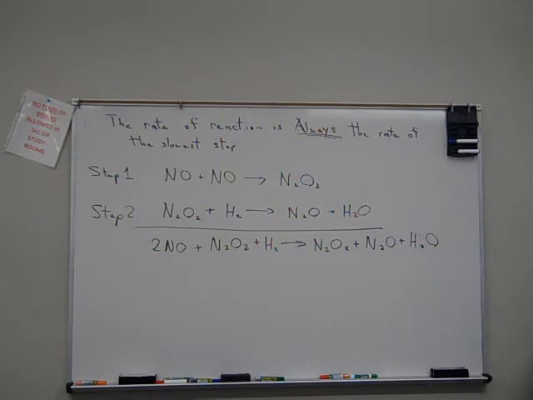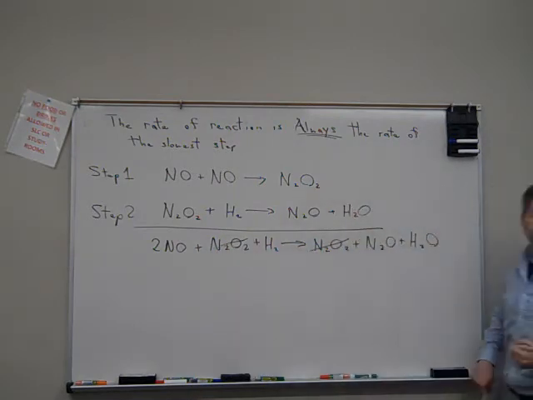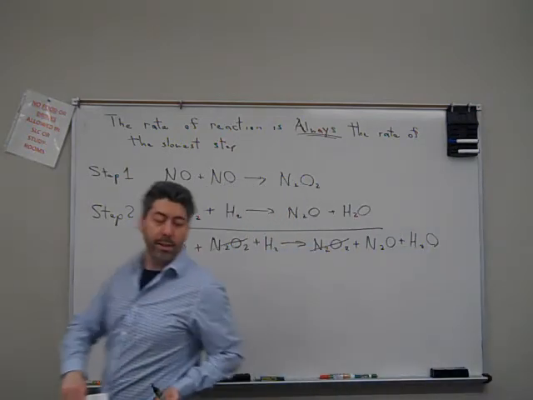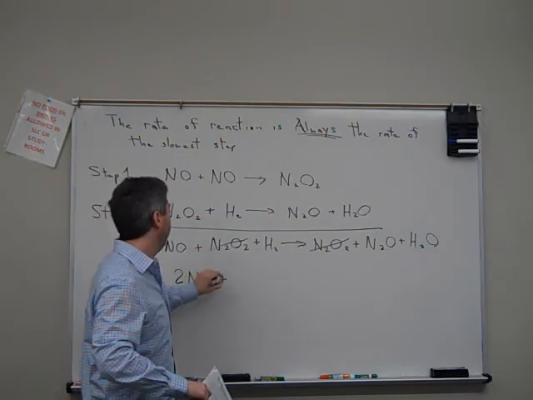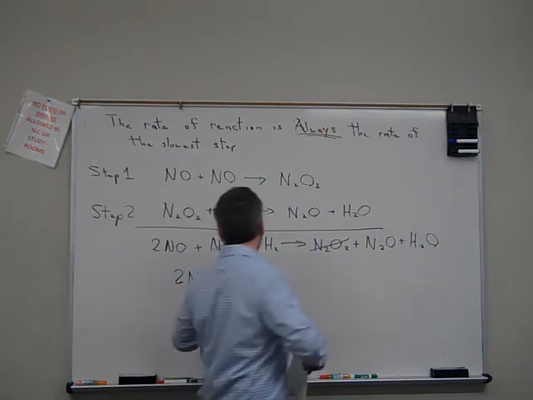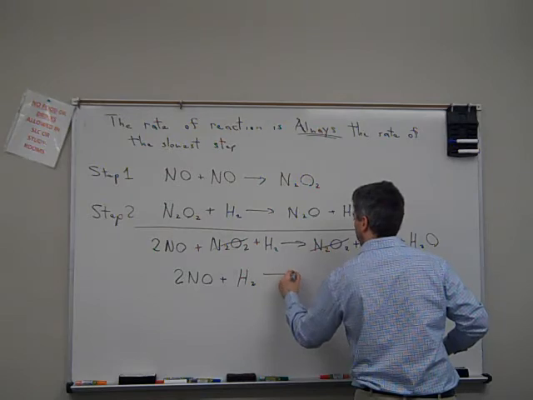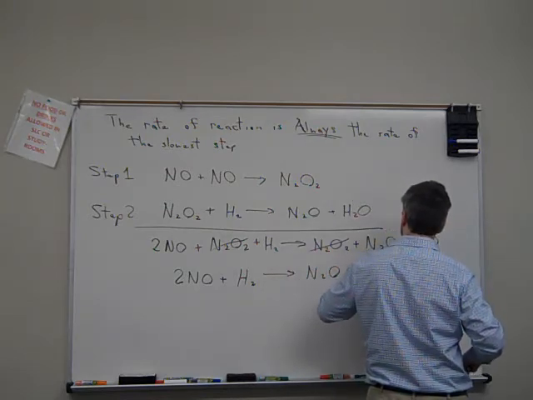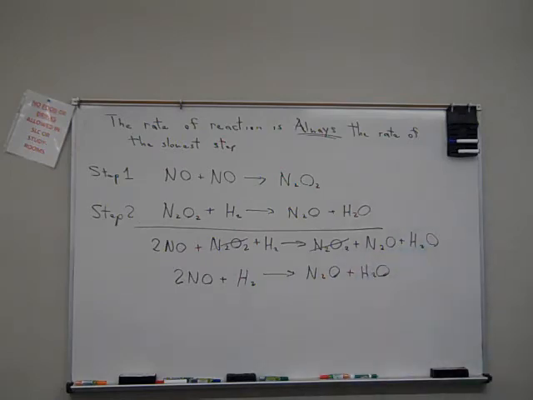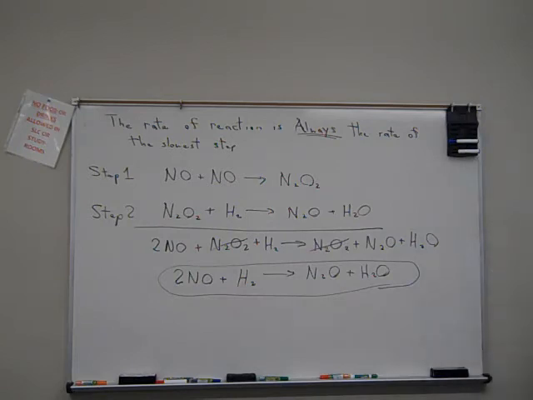All right. So yes, N2O2, since it's present on both sides, is not actually part of the overall balanced equation. So you can then simply write the remaining equation, which is 2NO plus H2 gives you N2O and H2O. So that's the overall balanced equation.